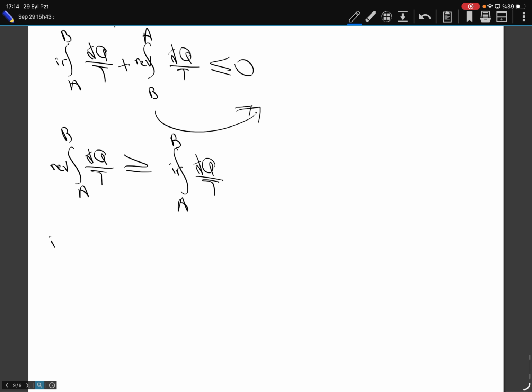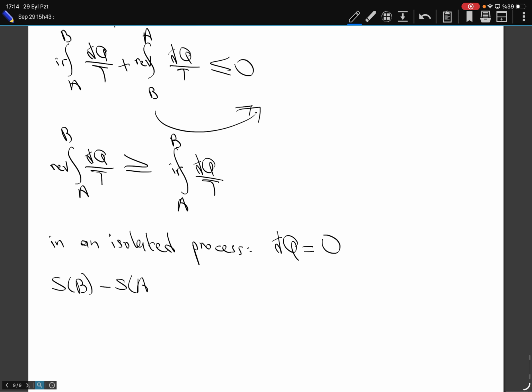Now, in an isolated process, dQ is 0. So the right-hand side is 0. The left-hand side, since it's an integral over a reversible process, is independent of how I go from A to B, and in fact it is defined as S_B minus S_A. That is how we define the entropy. The adiabatic process is the isolated process?